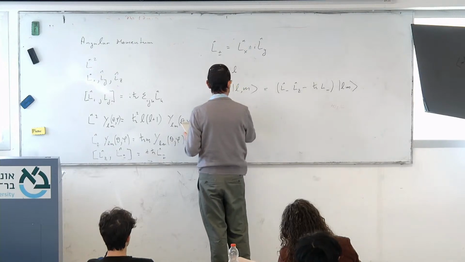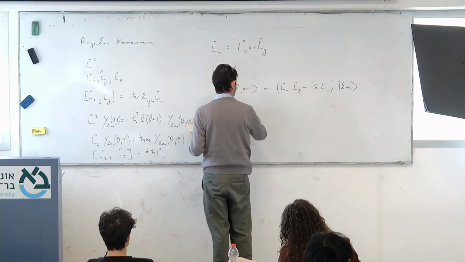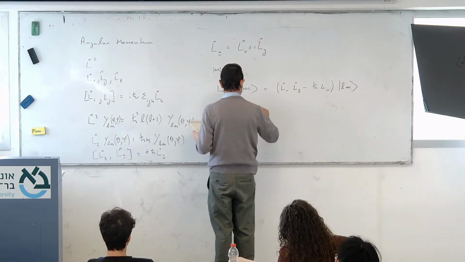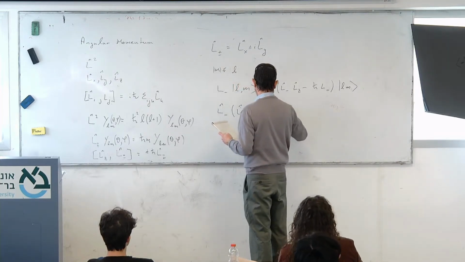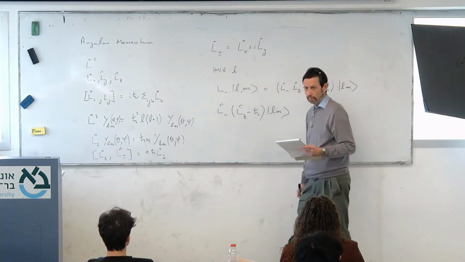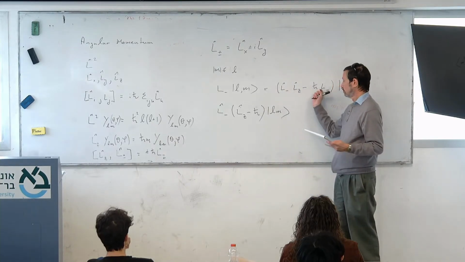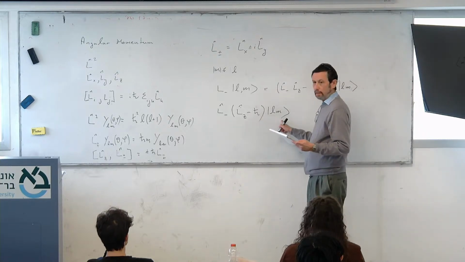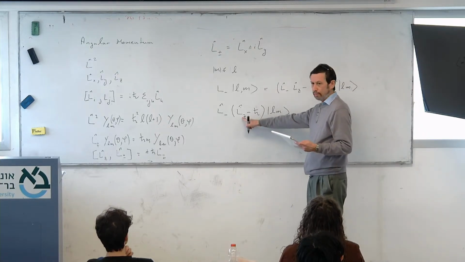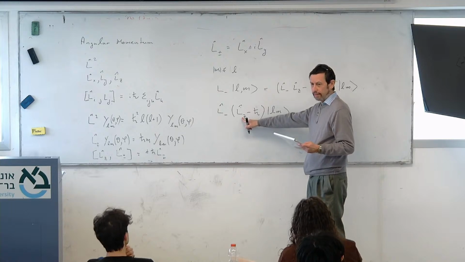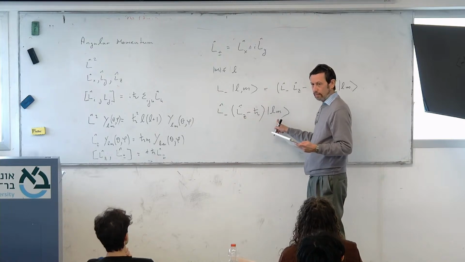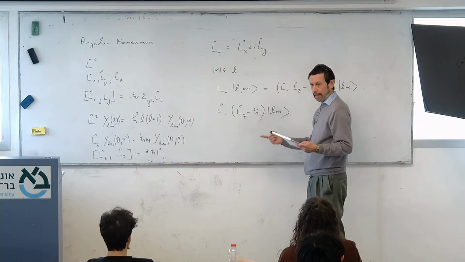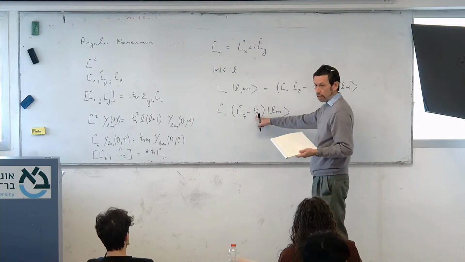Well, I can rewrite it in this case as L minus times Lz minus h bar. But this operator I know how to perform, because I know what Lz does operating on Lm, on the eigenfunctions. It's just h bar n. This is just a constant.